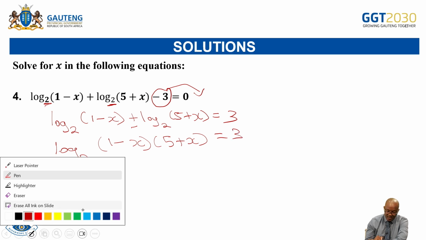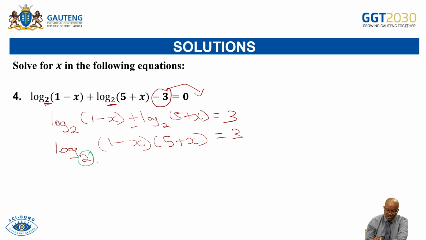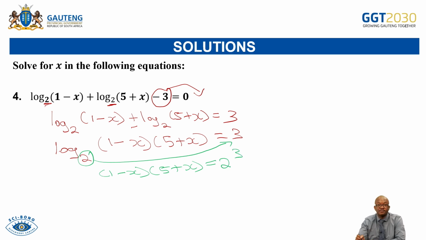Then we apply our rule of removing the log. This is how we're going to do it: 1 minus x, 5 plus x is equal to 2 to the exponent of 3. Now we apply the very same FOIL method.